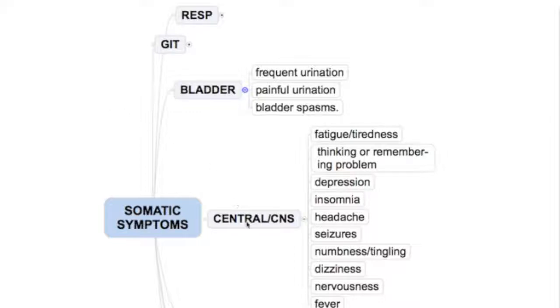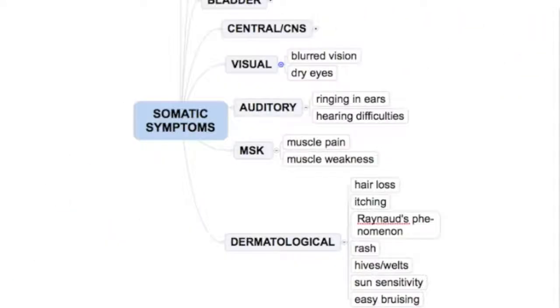And then in the central nervous system, they have fatigue or tiredness, thinking or remembering problems, as we've discussed, depression, insomnia, headache, seizures, numbness and tingling, dizziness, nervousness, and fever. And then in the other systems, they have tinnitus, hearing difficulty, muscle pain, muscle weakness, and hair loss, itching, Raynaud's phenomenon, rash, hives, sun sensitivity, and easy bruising.